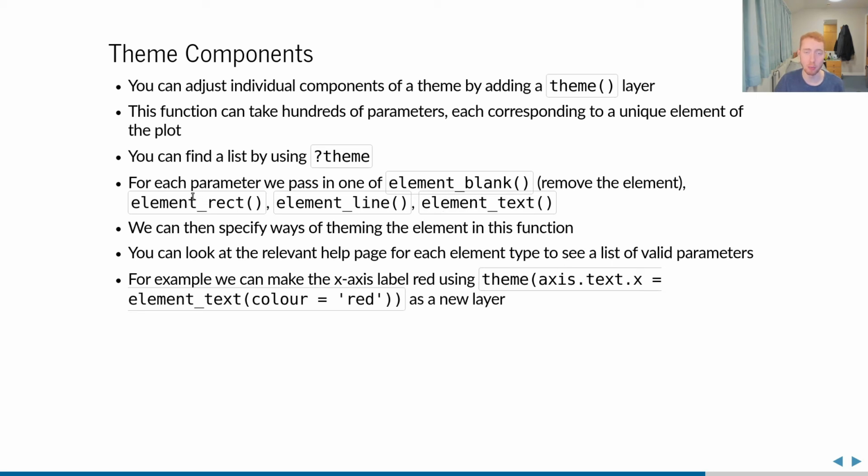If we're changing the plot background, that rectangle at the back, we'd use element_rect. For our axis lines, we'd use element_line. Then inside of these elements, we specify exactly how we want to set the look of those theming elements. You can look at the help pages for these to learn more about them, but let's have a look at a few examples here.